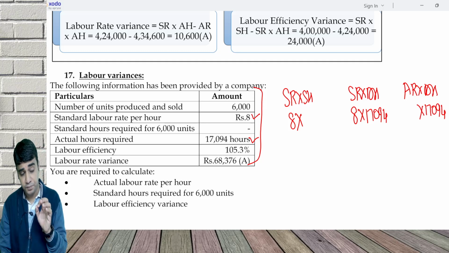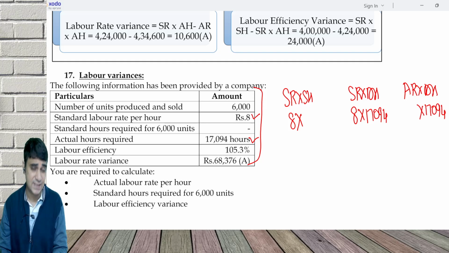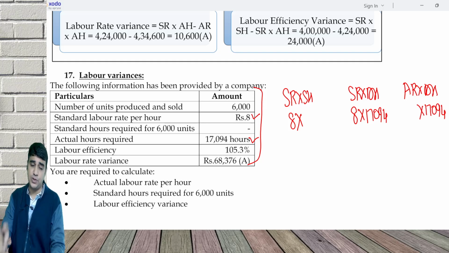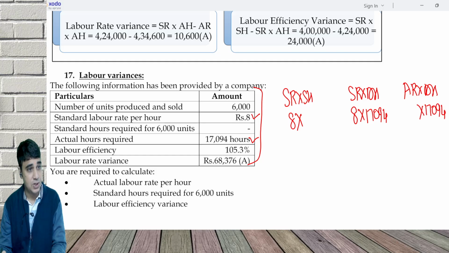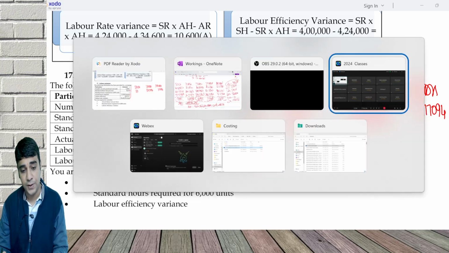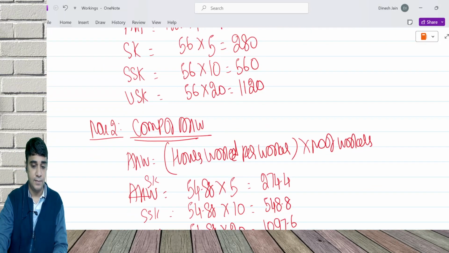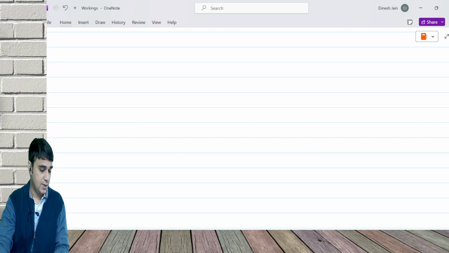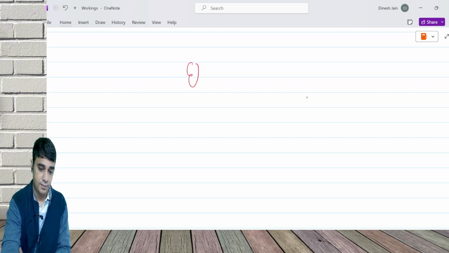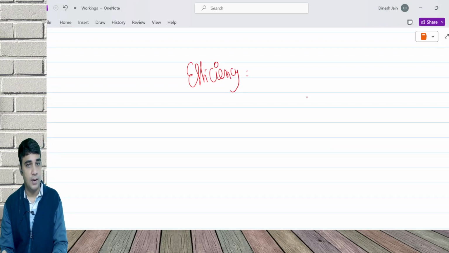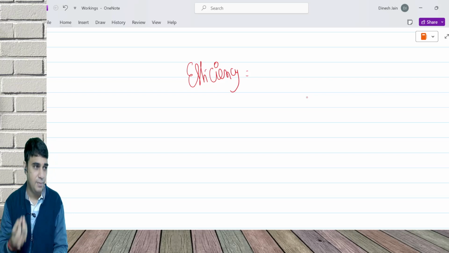Now for labor efficiency percentage, there was a formula which you would have learnt in the labor chapter. Can you tell me what is the formula for efficiency?